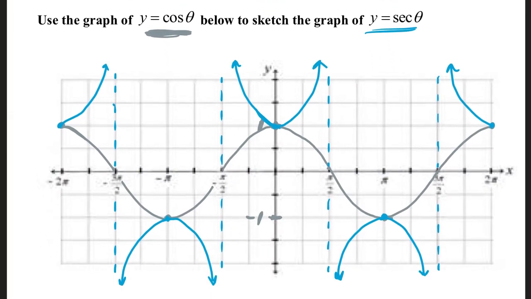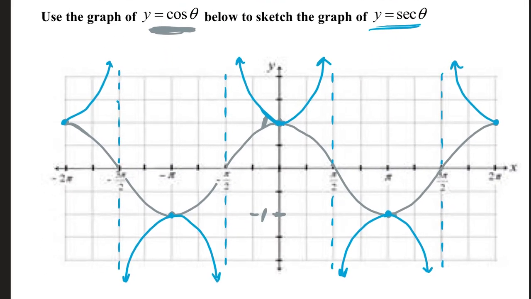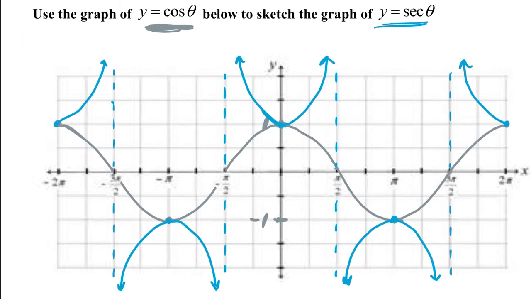Similarly, if we take the graph of cosine, and that is again in light gray, this is the graph of cosine, 2 cycles worth. The maximum value of cosine is 1. The minimum value of cosine is -1.